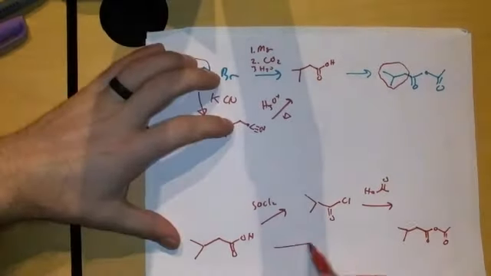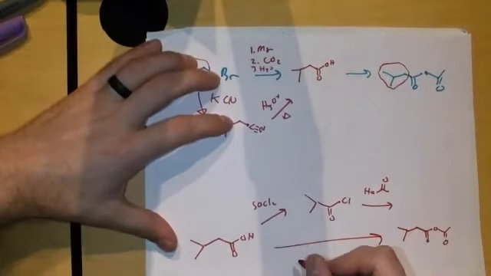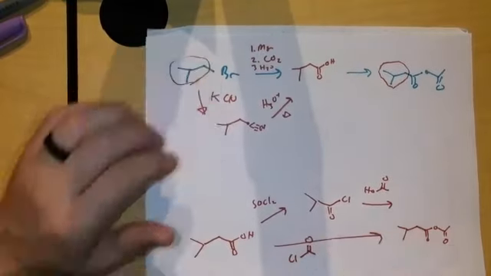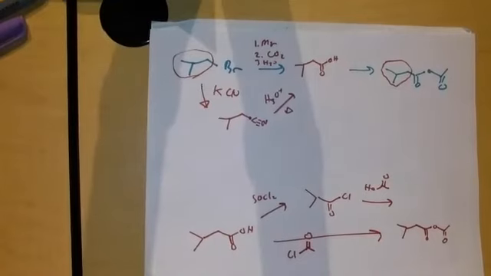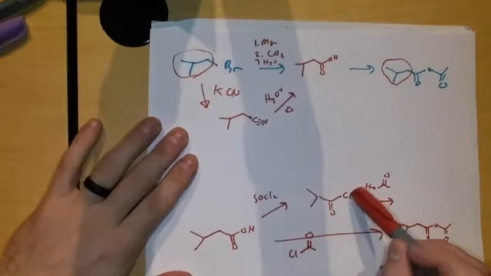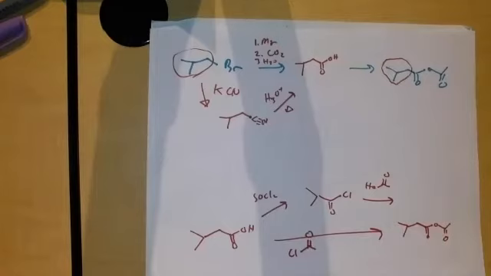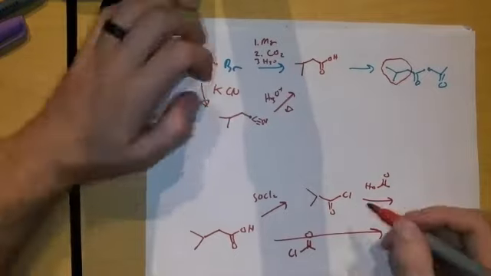Instead of doing this, you could just add an acid chloride version of your carboxylic acid. It'll do the same thing, so you could do it in one step also. So either turning this into the acid chloride or just adding in straight acid chloride, either one will be fine. Oh, nope, I deleted a carbon here.